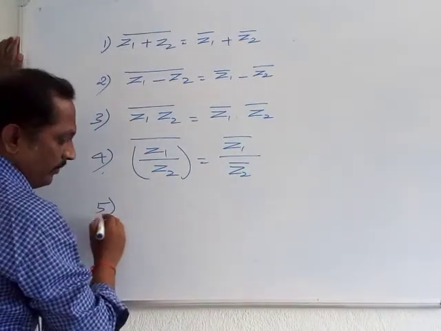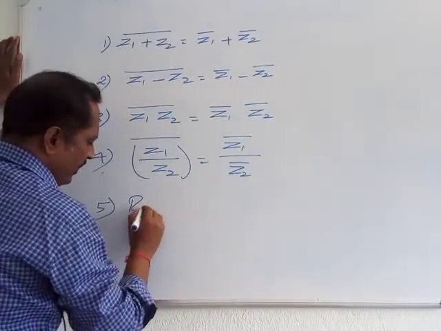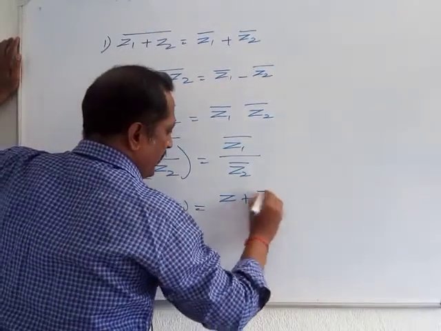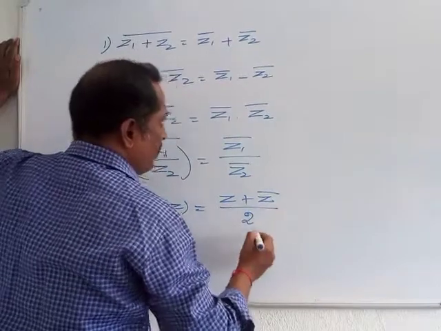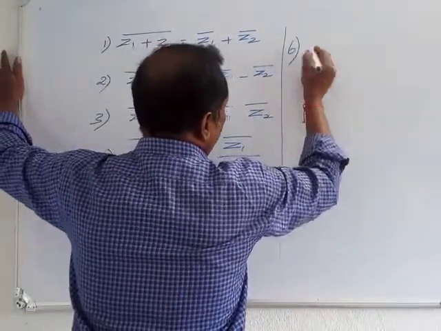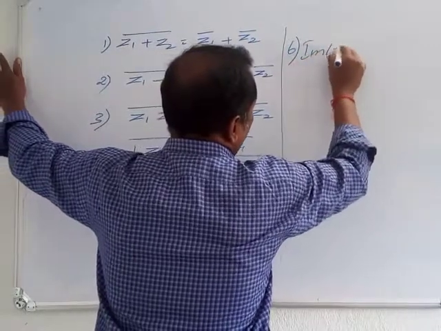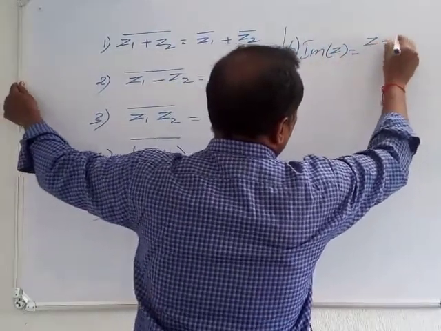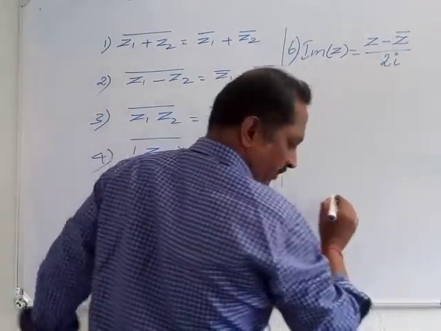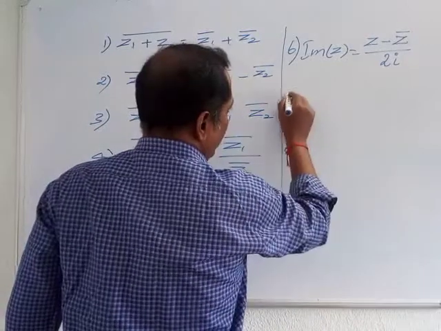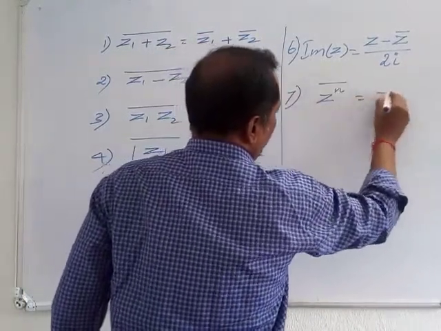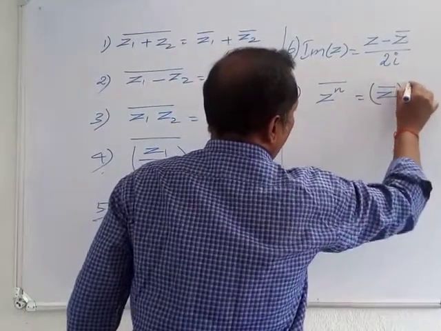Fifth property: the real part of z is equal to (z plus z bar) divided by 2. And then the sixth property: the imaginary part of z is equal to (z minus z bar) divided by 2i. And the seventh property is (z power n) the whole bar is equal to (z bar) the whole power n.